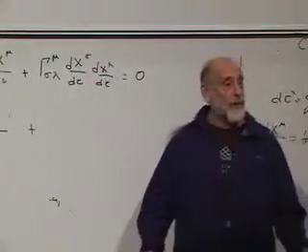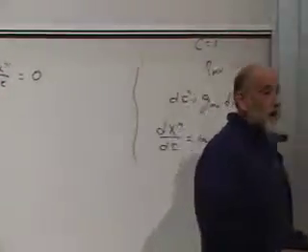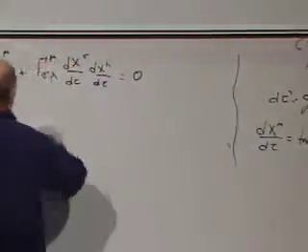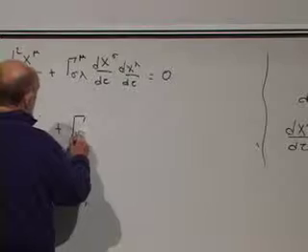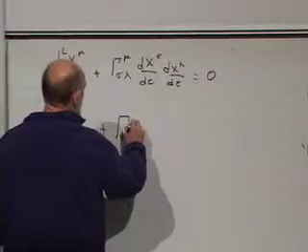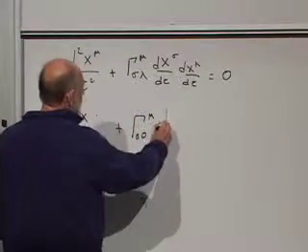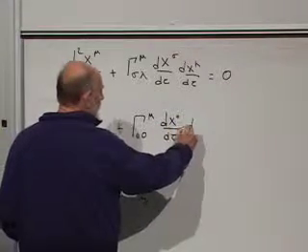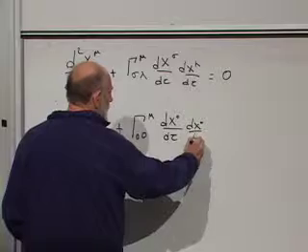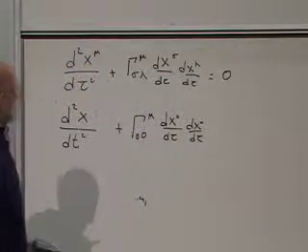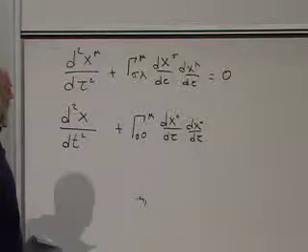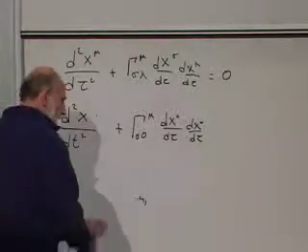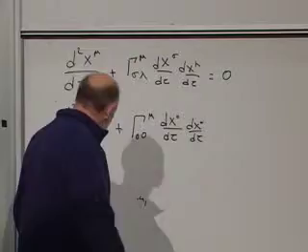How big is dx naught by d tau? 1. So to a good approximation, the only thing which is here is gamma 0, 0, mu dx naught by d tau, but that's just 1 times dx naught by d tau. There is no mu? There should be one. Yeah, good. I was just about to do that, right.